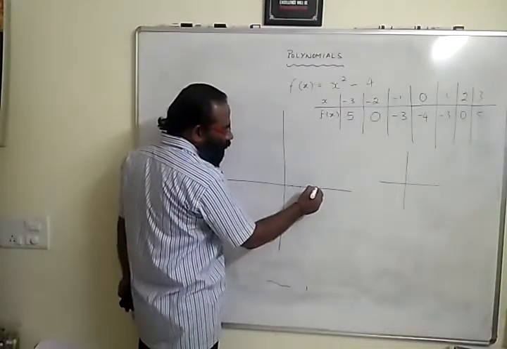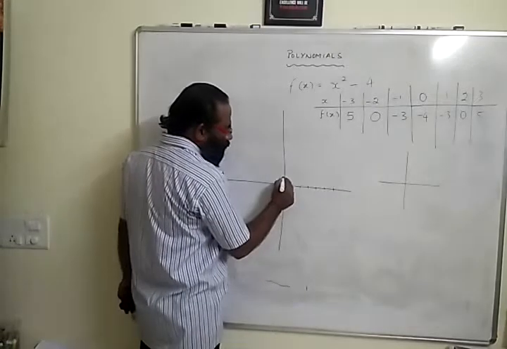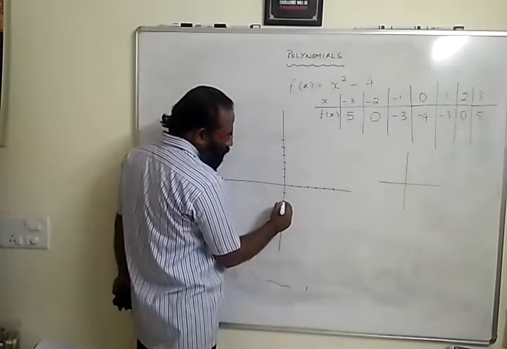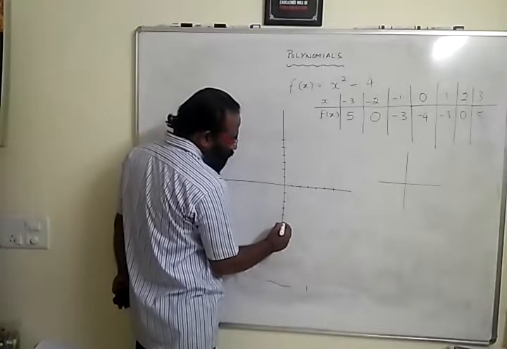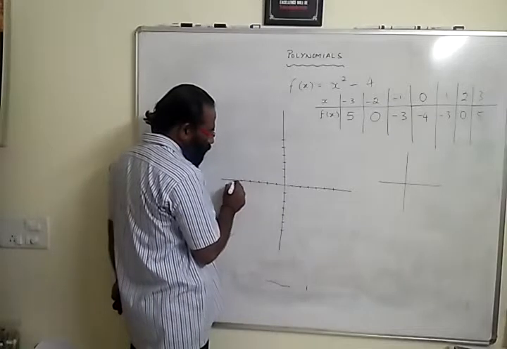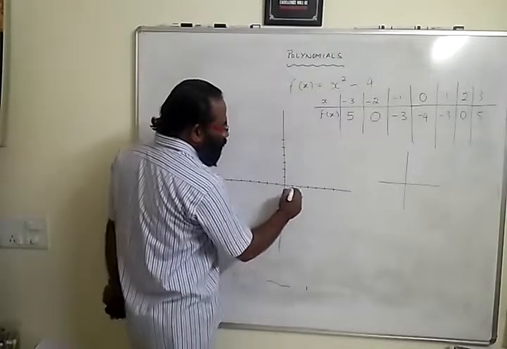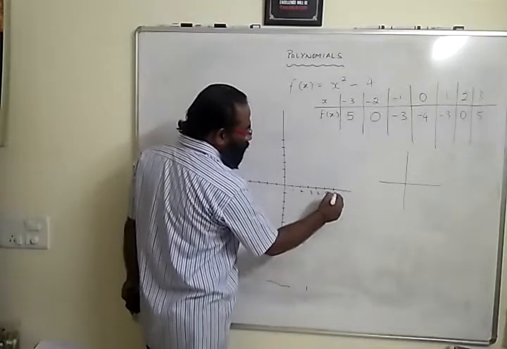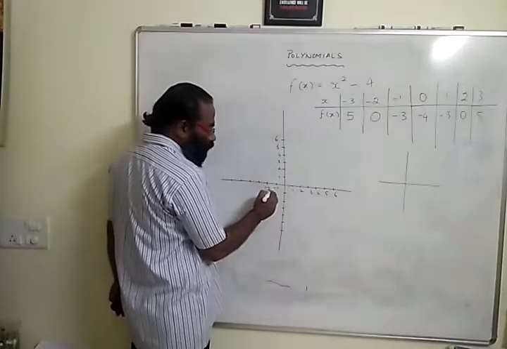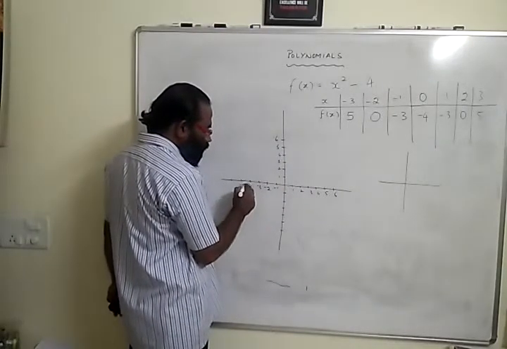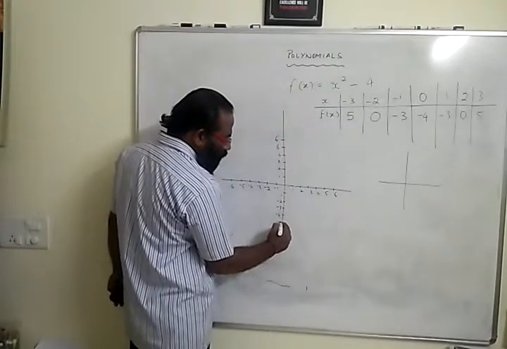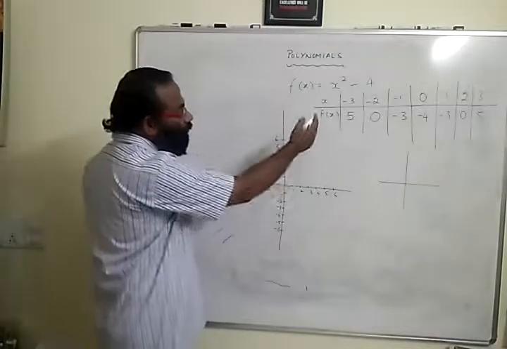I mark 1, 2, 3, 4, 5, 6 on the axes, and minus 1, minus 2, minus 3, minus 4, minus 5, minus 6. And then let's plot these points.